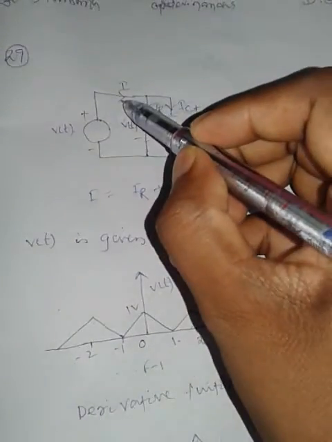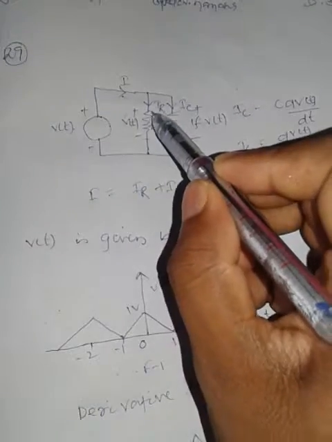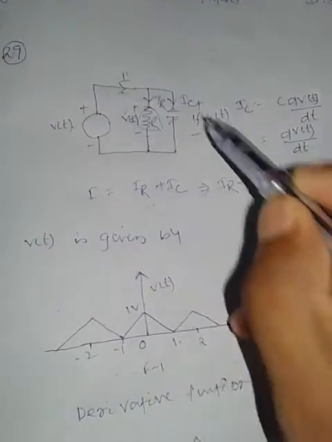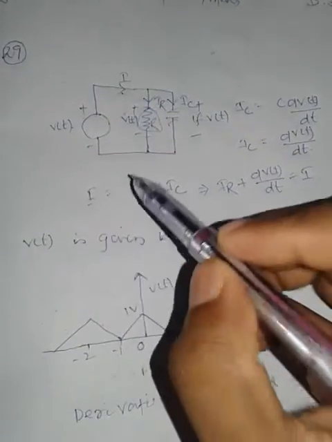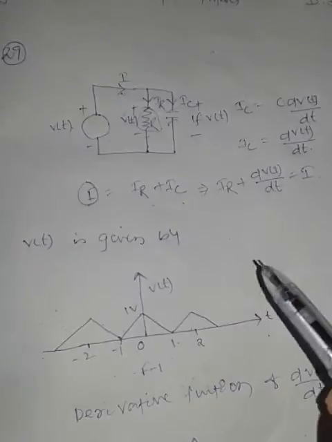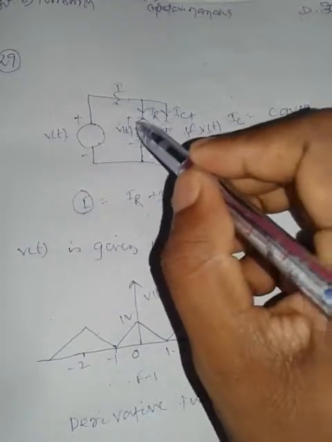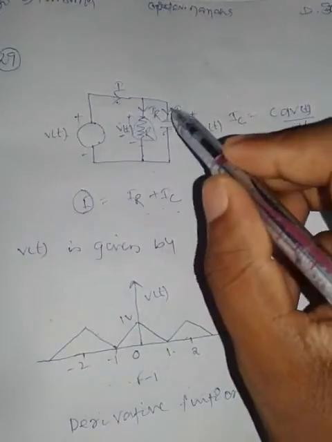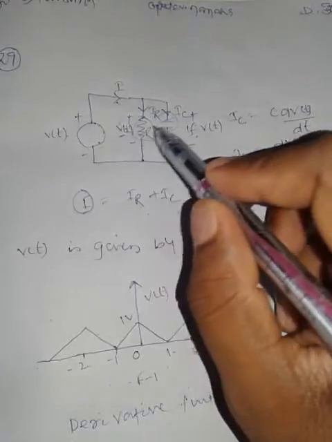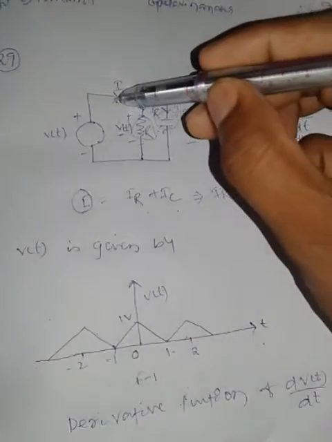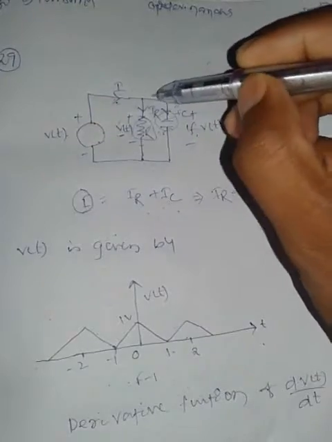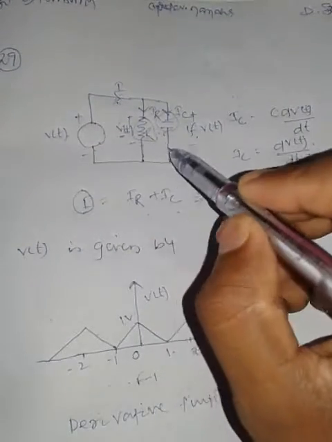So we can calculate I is equal to the current flowing through R, IR, plus the current due to the capacitor. They are asking what is the waveform of this total current. So this V of t is given, so the voltage across each is also V of t, because the three are connected in parallel and no resistor is across them, so all three have equal voltage.